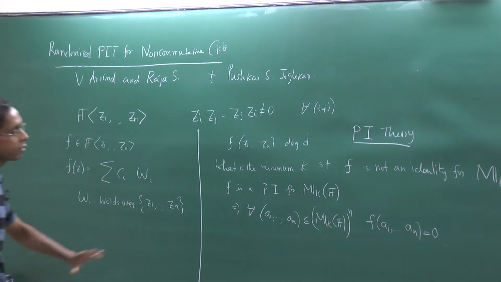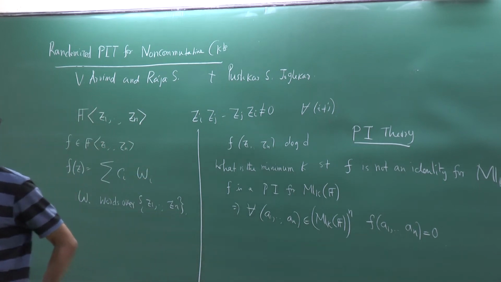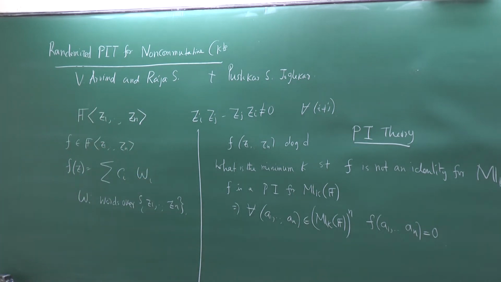This 0 is basically the zero matrix. That is what I mean by PI for the ring.